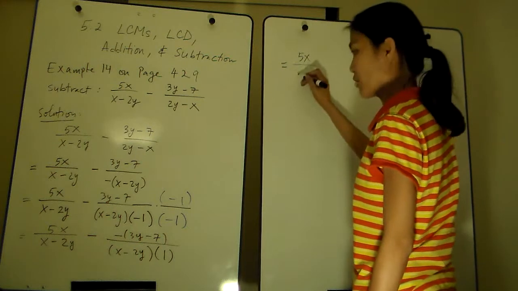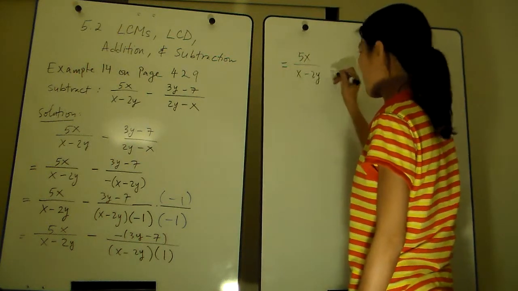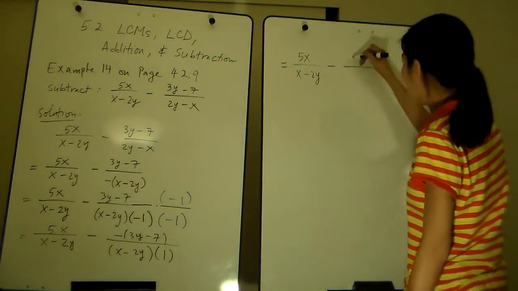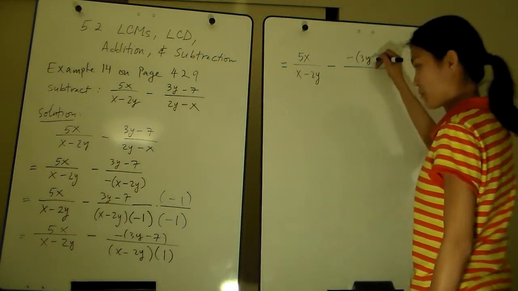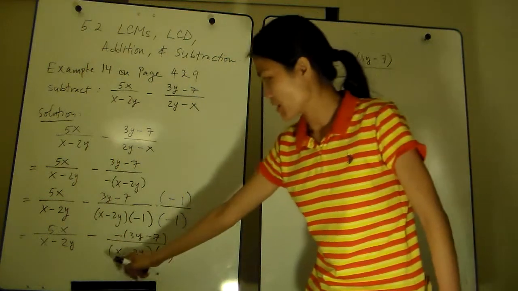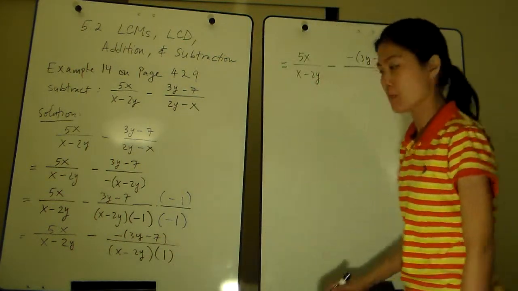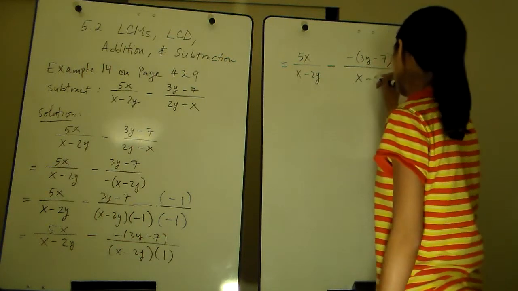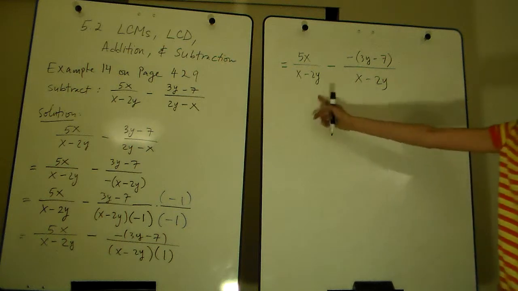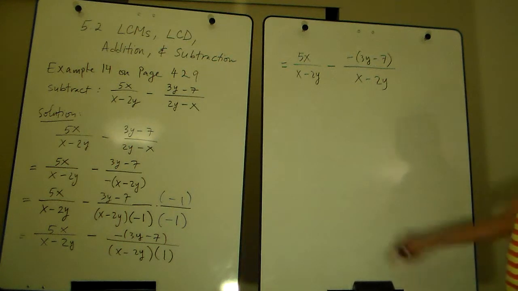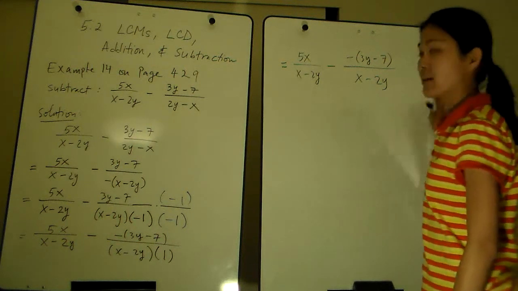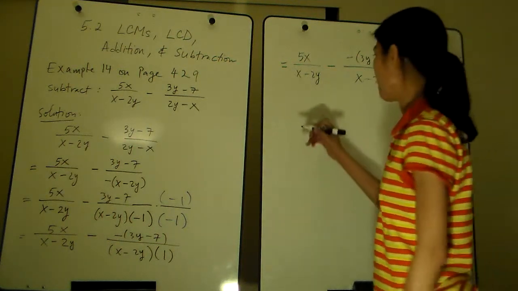Rewriting the first fraction, minus negative 3y minus 7. x minus 2y times 1 is x minus 2y. Okay? Now look at that. Look at the two fractions. They both have the same denominator now, right? x minus 2y.